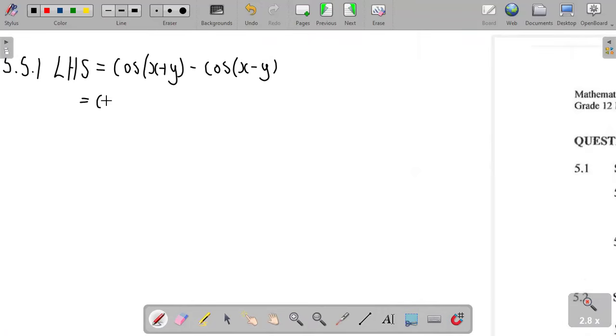So then it's equal to cos x cos y, plus, according to the identity, cos x cos y minus sin x sin y.